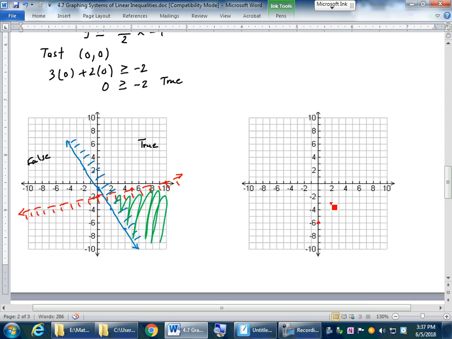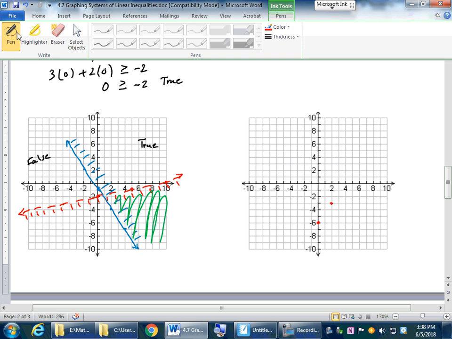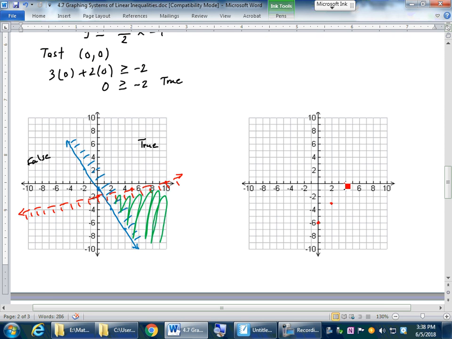Go up 3 units and to the right 2 units. And we know that this is a dashed line, so I'm going to draw a dashed line.